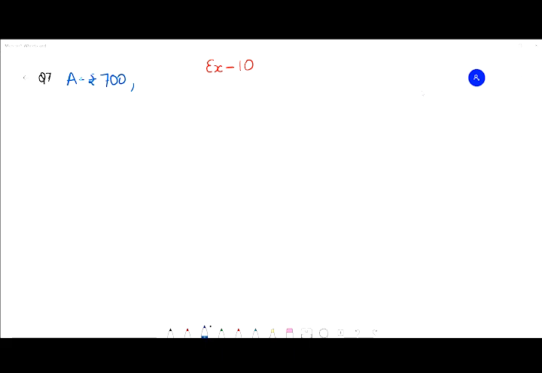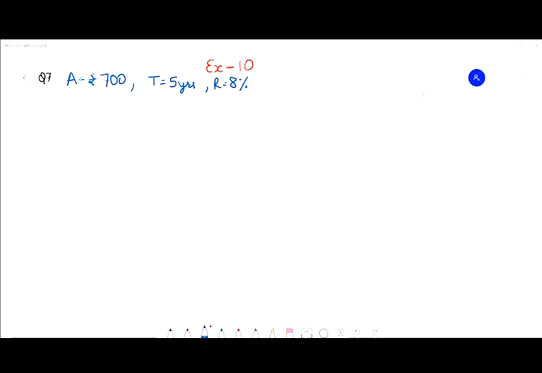Time is given as 5 years, and rate is given to us as 8%. They ask us to find the principal, but SI is not provided to us.